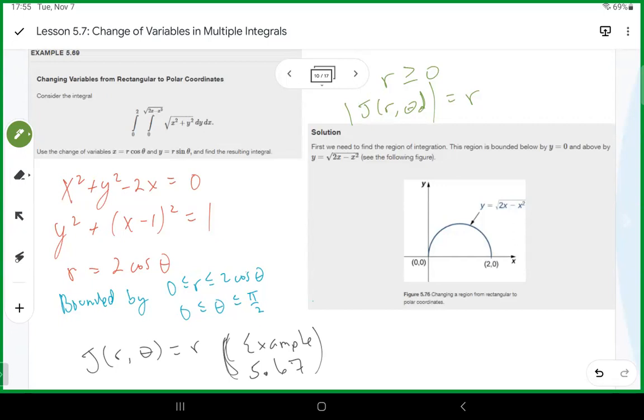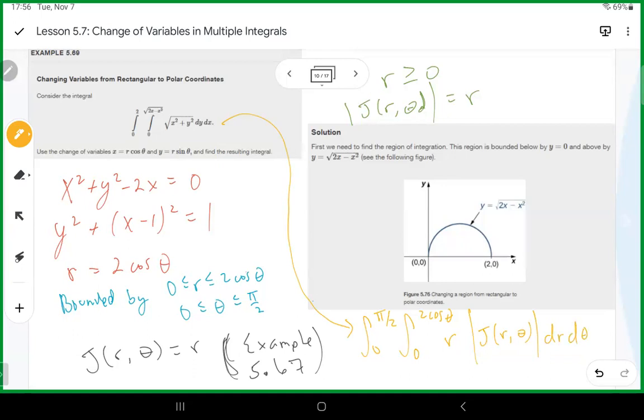So the double integral. So we did all of that to set up this double integral becoming the integral from 0 to pi over 2, 0 to 2 cosine theta, of r times r dr d theta.